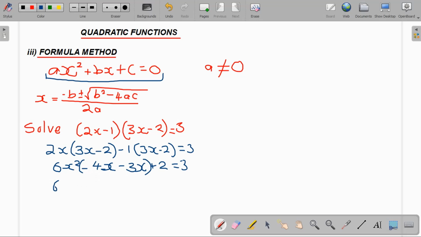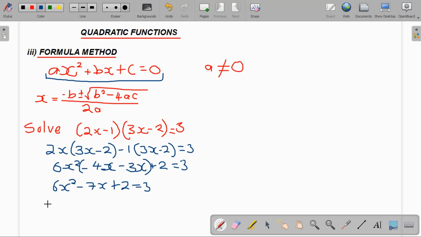We're going to say 6x squared, negative 4x minus 3x gives negative 7x, and then plus 2 equals 3. It's not yet in the format that we are following.